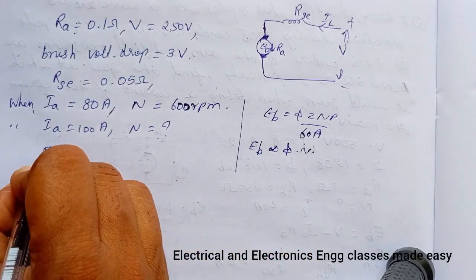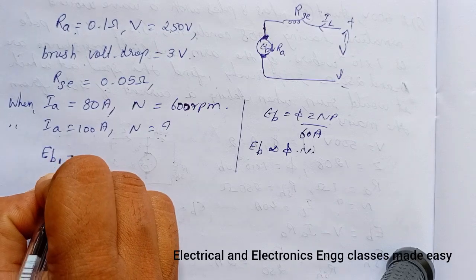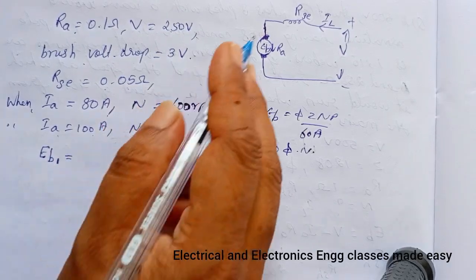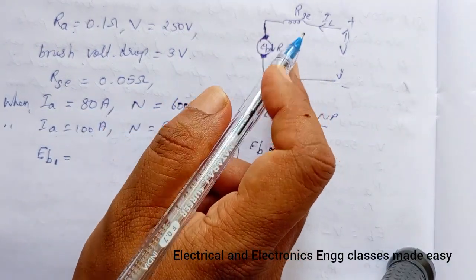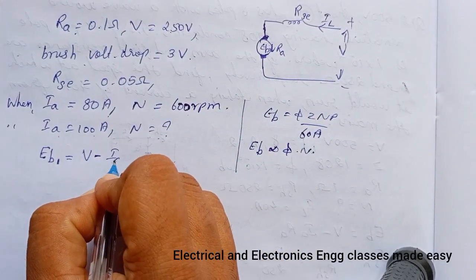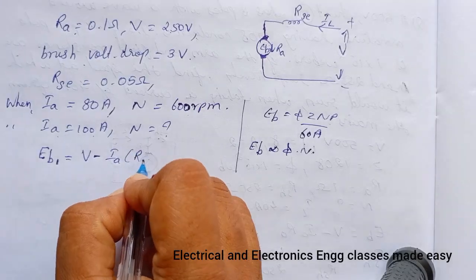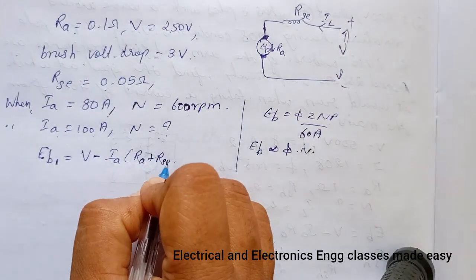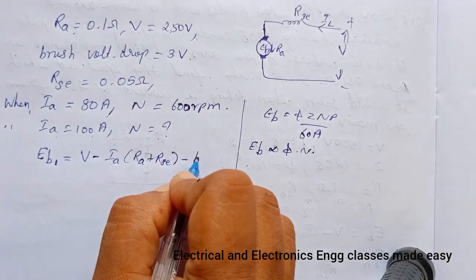For the first case, EB1 is equal to, since this is a series motor, V minus Ia into RA plus RSC, then minus brush drop.